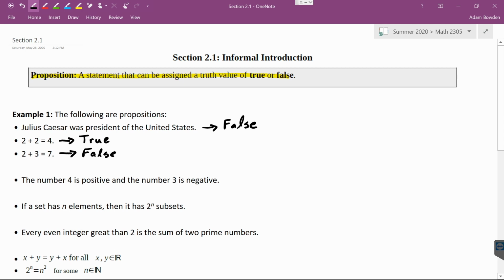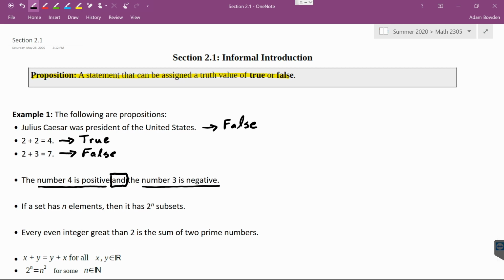Now, some propositions are made up of connective words like and, such as the statement, the number 4 is positive and the number 3 is negative. We look at each of the parts being connected with and, and we can assign a truth value to each.